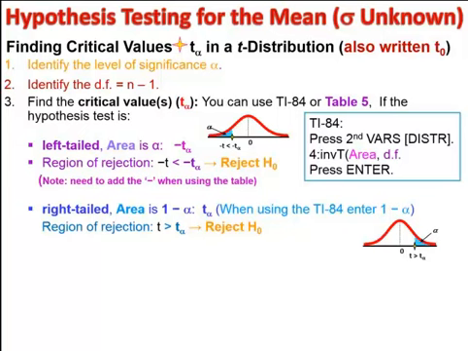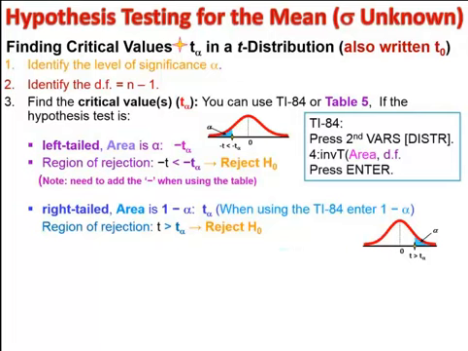In your calculator, you can do 2nd, DISTR, and put in 1 minus your alpha and the degrees of freedom, and press enter, and it will give you your critical value. If you're looking it up in the table, it will simply be the alpha, and it will be positive because the table has all positive values.